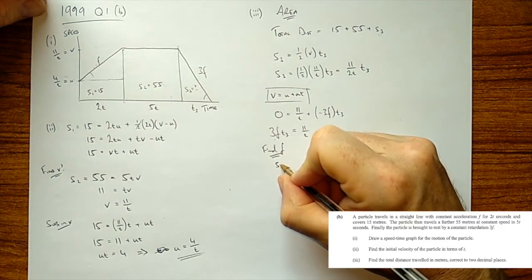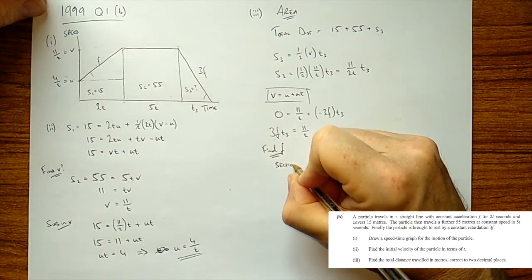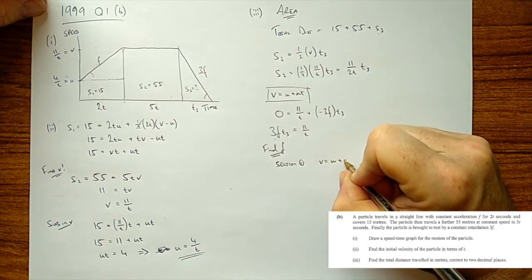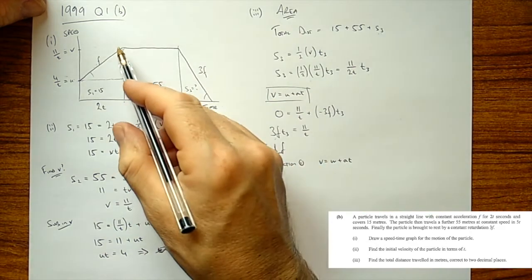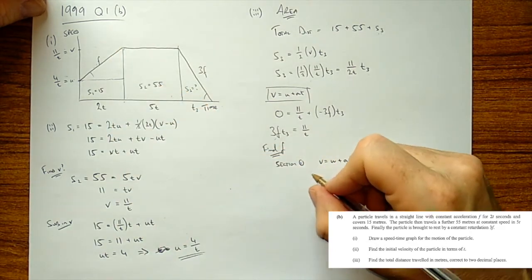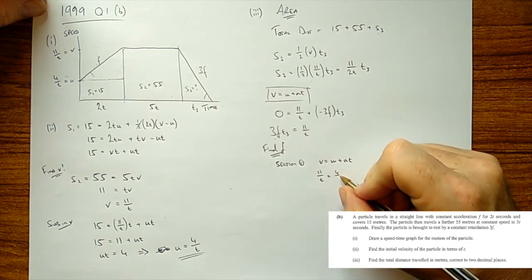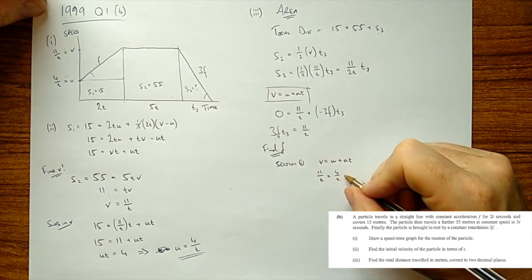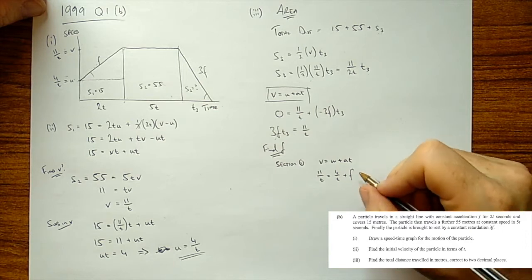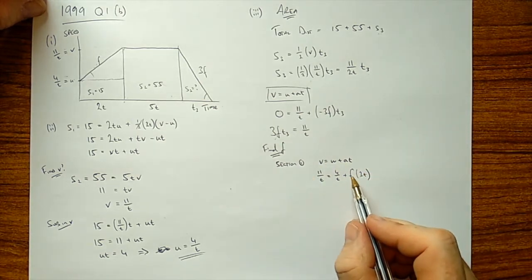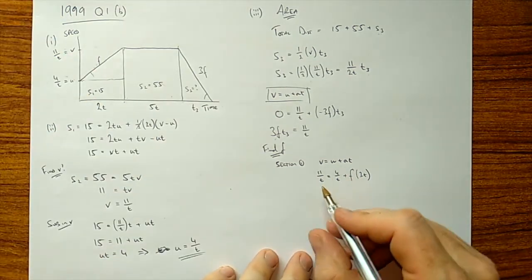So section 1, V equals U plus AT. Well, V is 11 over T equals 4 over T plus F by 2T. Okay, now I'm going to find F in terms of T. So again, a little bit of tidying up.